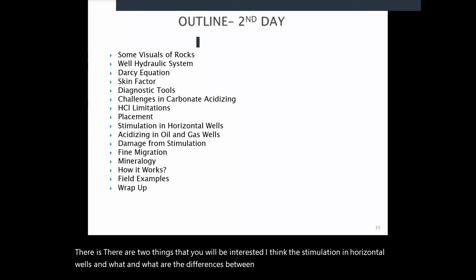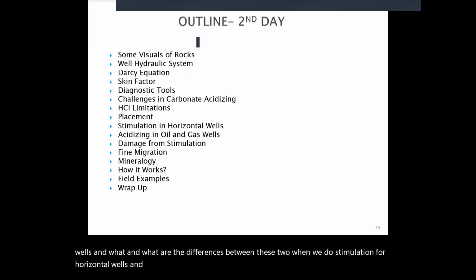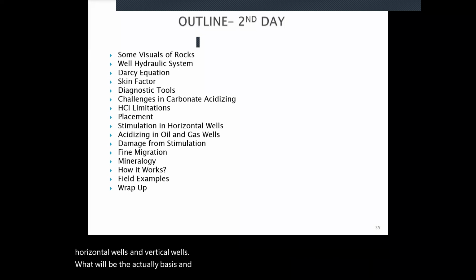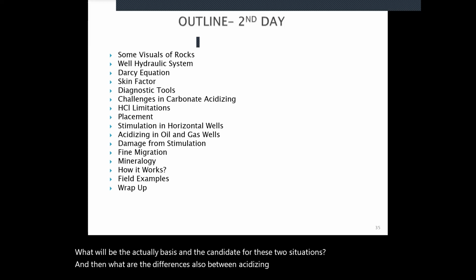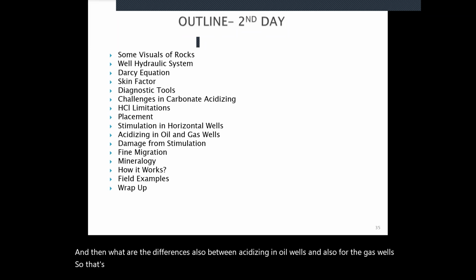When we do stimulation for horizontal wells and vertical wells, what will be the basis and the candidate for these two situations. And then what are the differences also between acidizing in oil wells and also for gas wells. So that's why the main difference, which is diversion, will be discussed in detail.